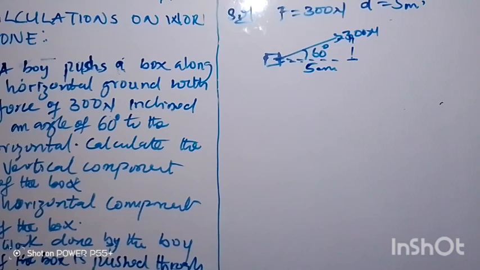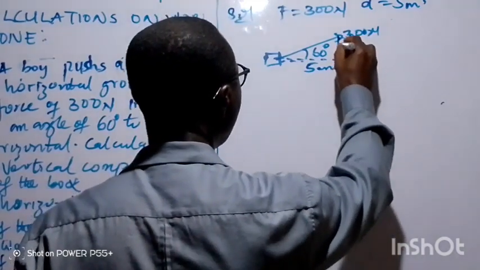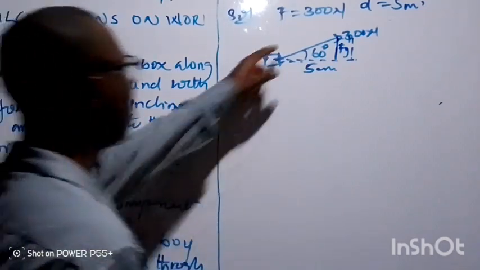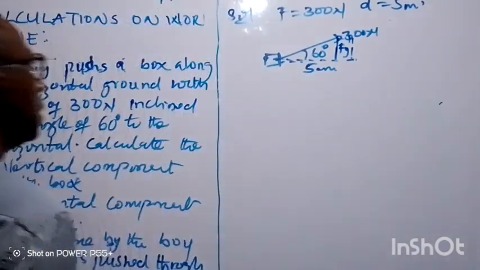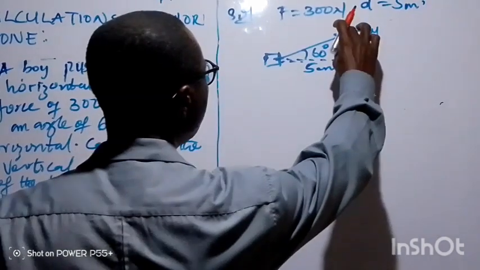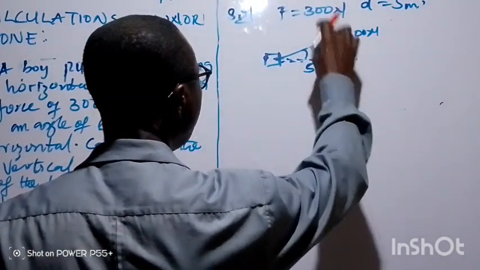Now, the first question says we should calculate the vertical component of the force. When you draw it like this, the vertical component is Fy. The force is in this direction. To calculate the vertical component, we make use of this side and the angle.